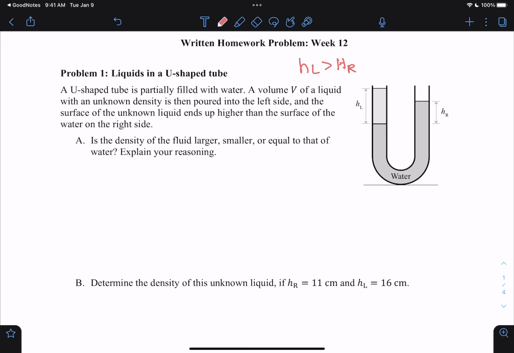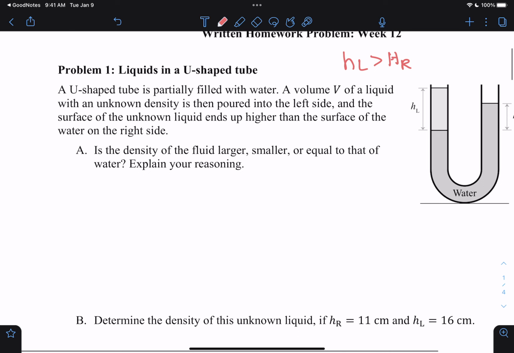But part A is asking, is the density of the fluid larger, smaller, or equal to that of water? So they're now asking us about this rho L, the density of the liquid on the left, versus the density of the water.